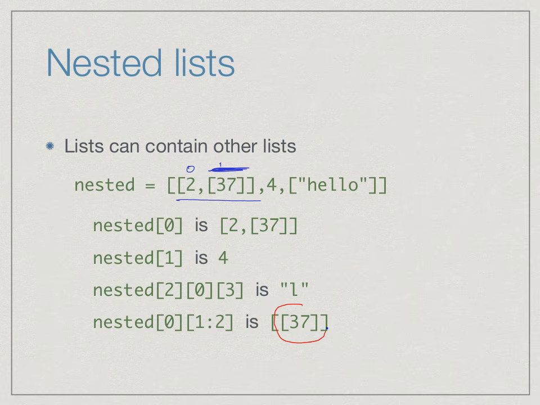So this is the value that lies between position 1 and up to position 2, and the outer list is because when we take a slice of a list, we get a list. Right? So this is a sublist of this list 2, list 37, which gives us just the list 37. We have dropped the value 2, but we get a sublist. So this is what we mentioned before. For lists, a slice gives us back a list.